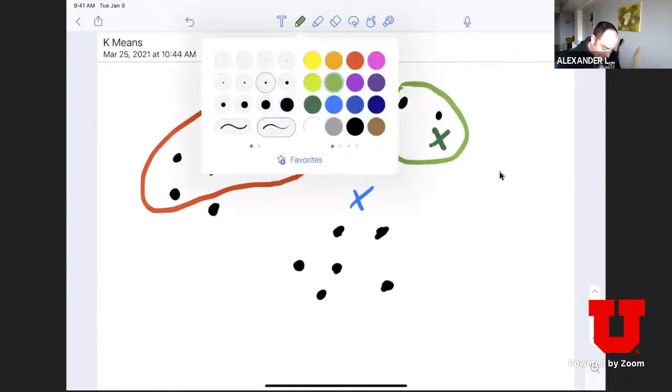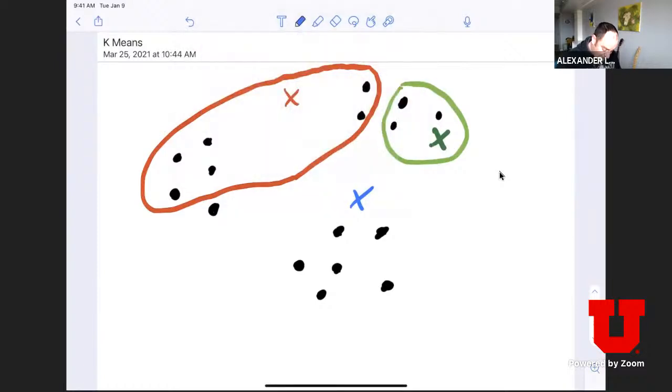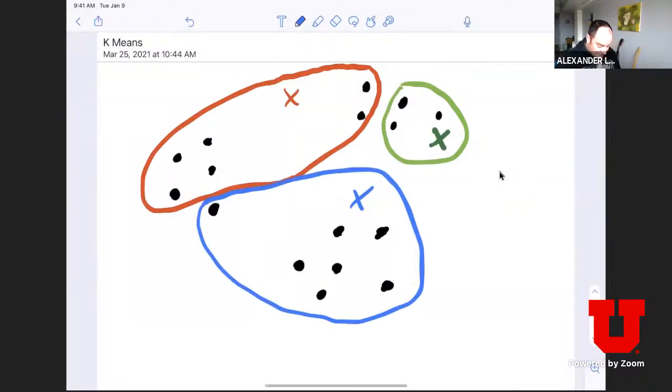And for the blue x, it looks like these points are the closest. So this point here, for example, is kind of a borderline case. It's pretty far away from this x, and pretty far away from this x. I'm assuming here that it is closer to the blue x just for the purpose of illustration. And so this is our first step.